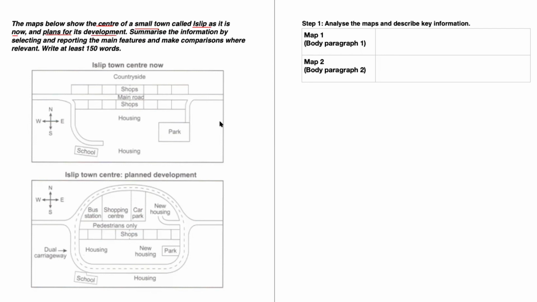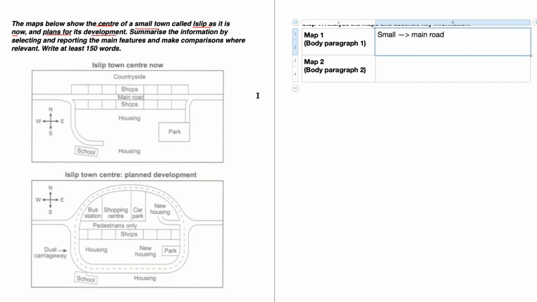Let's make a note about map 1. And if you look at map 1, especially in comparison to map 2, it is quite small, this Islip town center. So I'm going to first start out and say, of course, that it is quite small. We see there is a main road, and the main road goes from the west to the east.